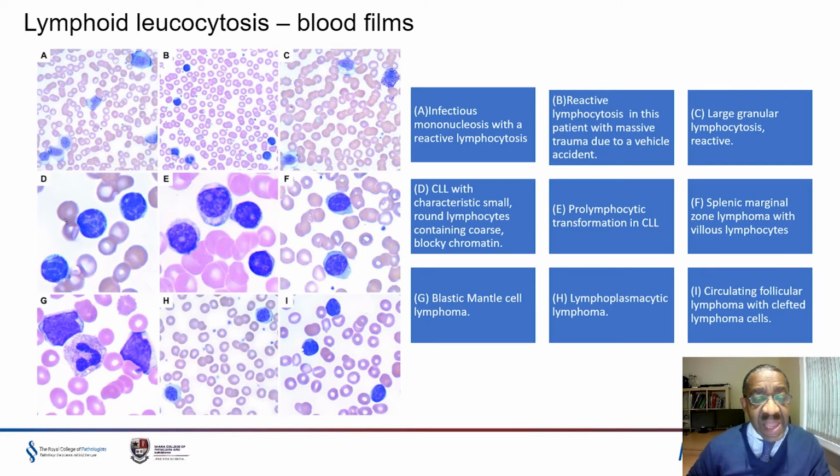And there are subtle differences between the cells. They are all malignant, but actually morphology on its own is not enough to make a diagnosis, and we'll talk about some of the tools we can use to differentiate the different types of both benign and malignant lymphocytosis that we encounter.